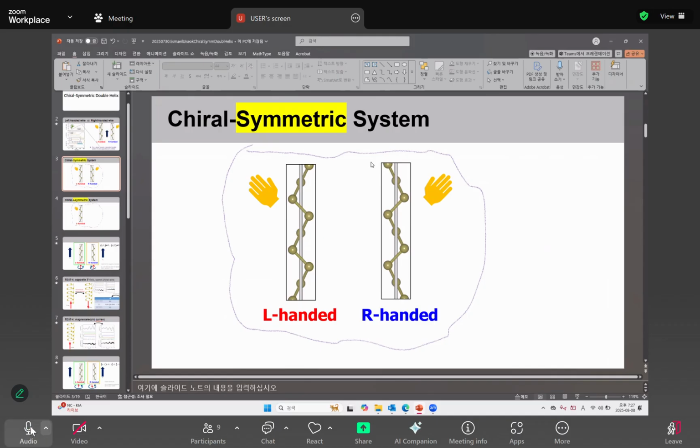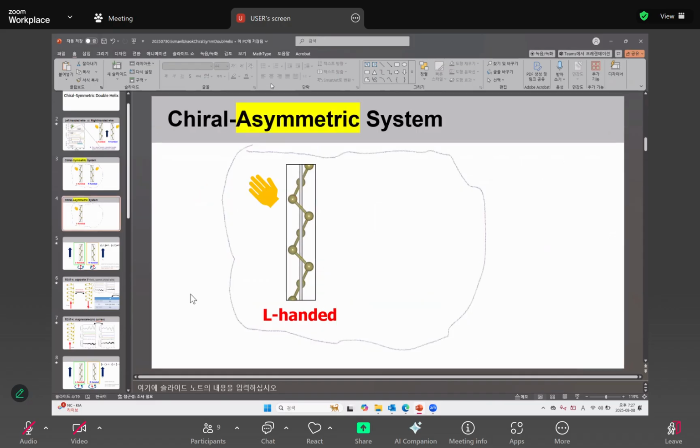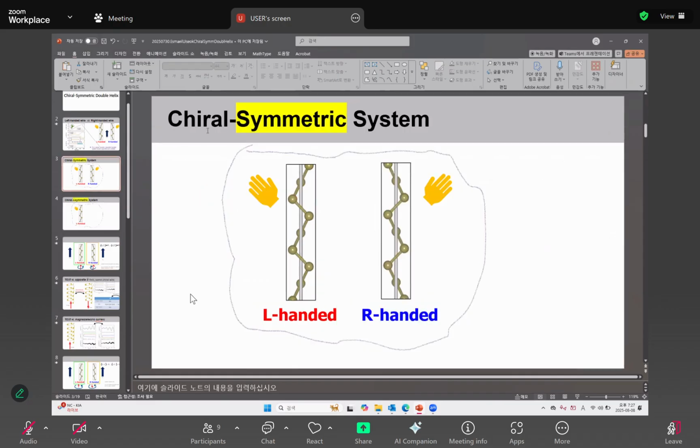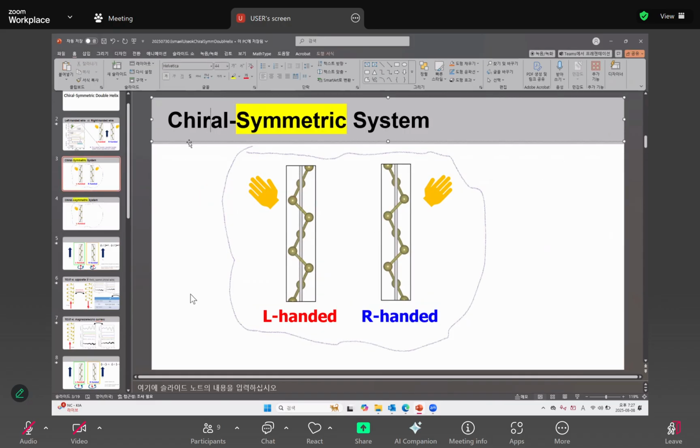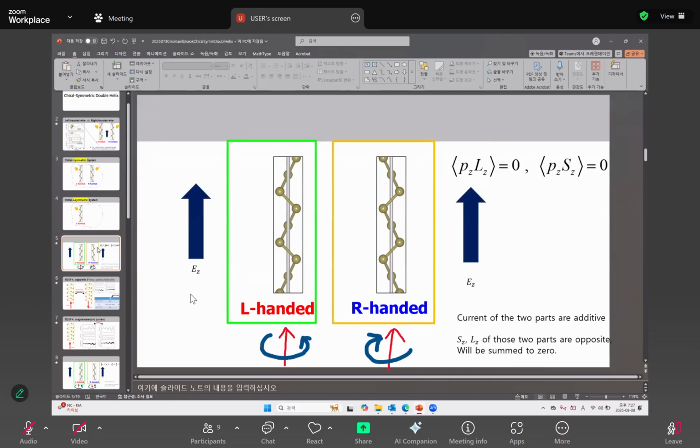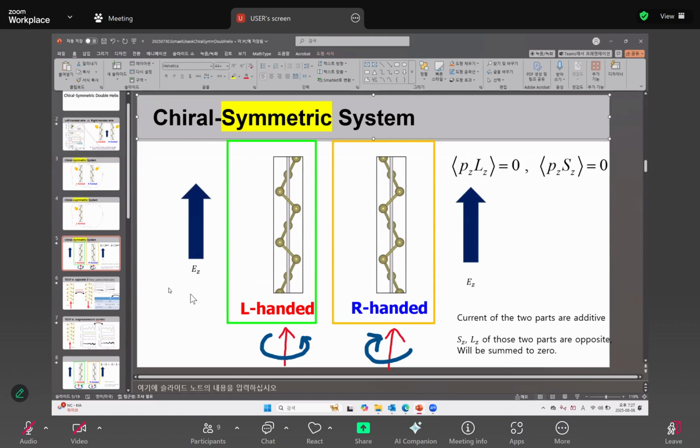Okay. Now let's look at this chiral symmetric system. Let's apply an electric field.